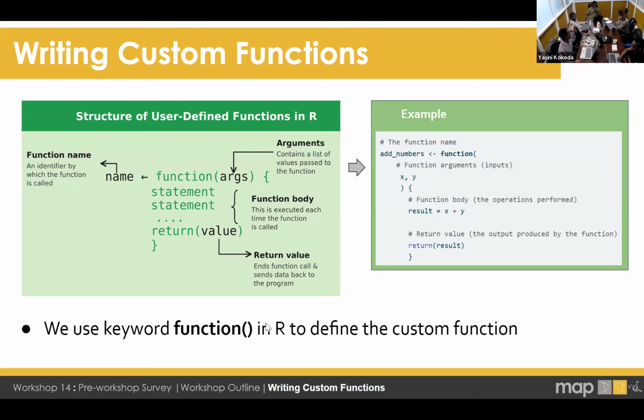I don't know about other languages, for example C++. Some languages, according to my expert here, you don't need a keyword. But at least for these popular languages, you can explore. But our focus today is R, so we are using function.